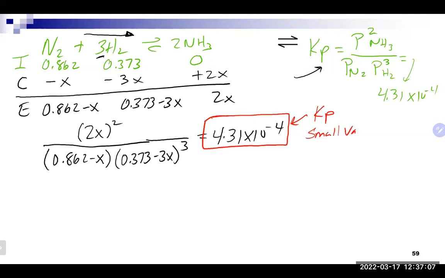And because it's a small value, when we reach equilibrium, would we mainly expect to have reactants or products? So it is a small value, which means it is products over reactants. So in order to get a small value, you need more products, less reactants, right? So we would expect reactants when we reach equilibrium.